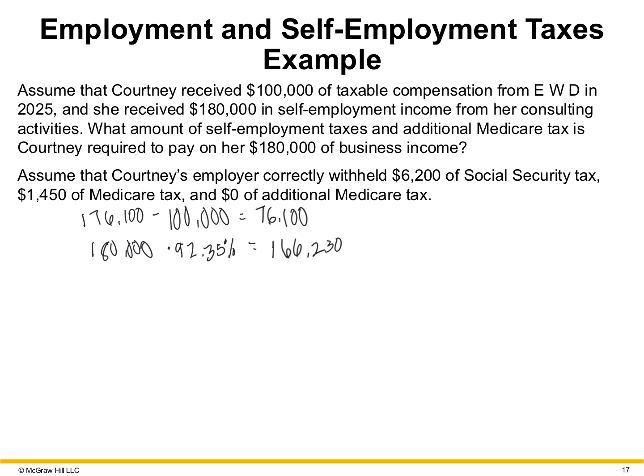In this case, the smaller of those numbers is the 76,100, and that is what gets multiplied by 12.4%. So when we do that math, we have our Social Security tax times 12.4%, and we're going to round it to the nearest dollar. That gets us $9,436.